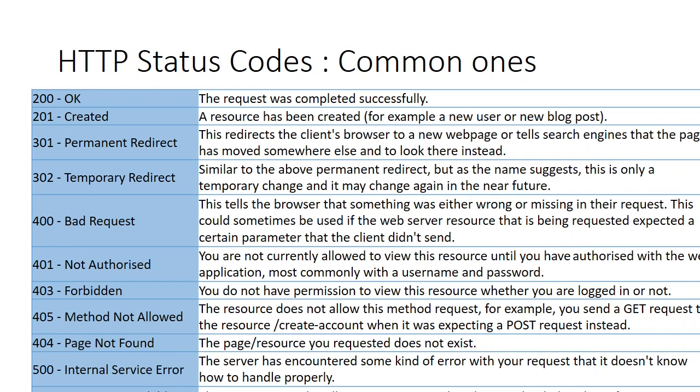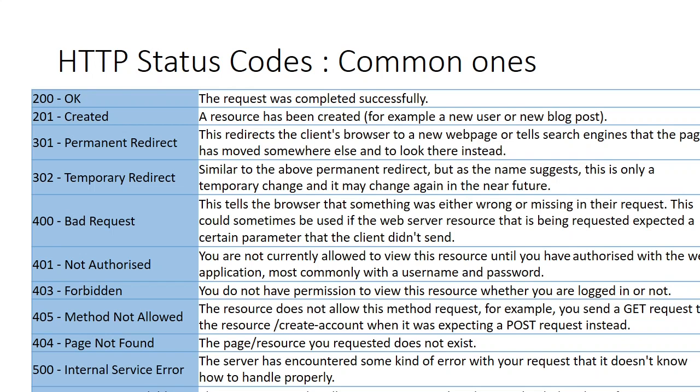It's similar to the one just before, but as the name suggests, it's temporary instead of permanent. 400 bad request. This tells the browser that something was either wrong or missing in the request. This could sometimes be used if the web server resource that is being requested expected a certain parameter that the client didn't send.